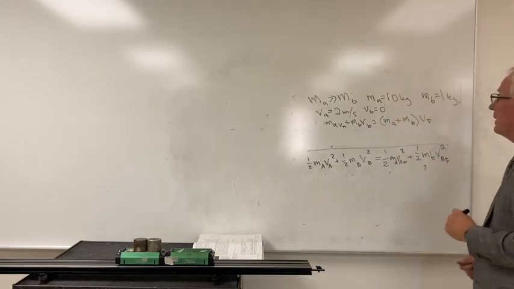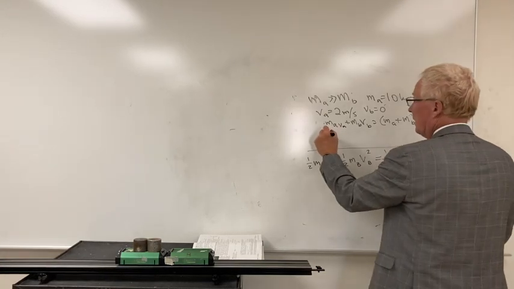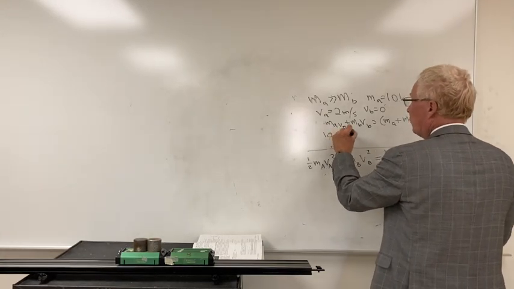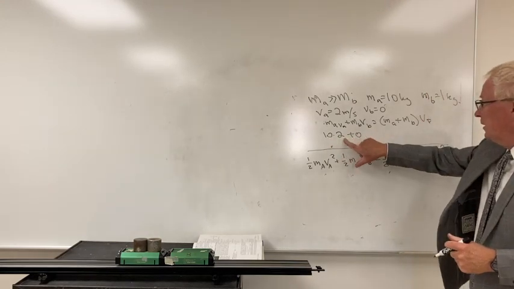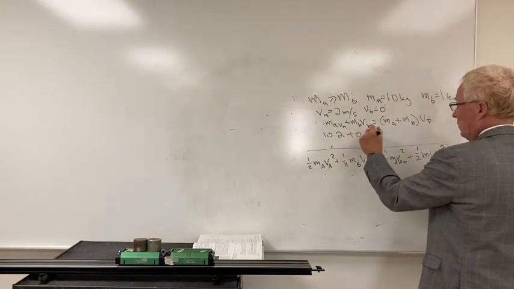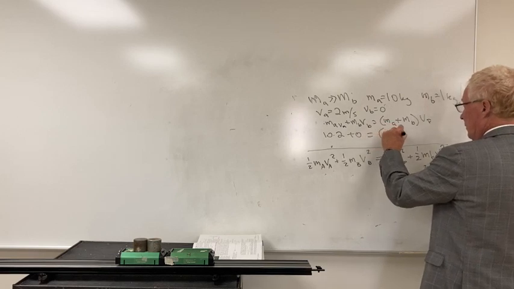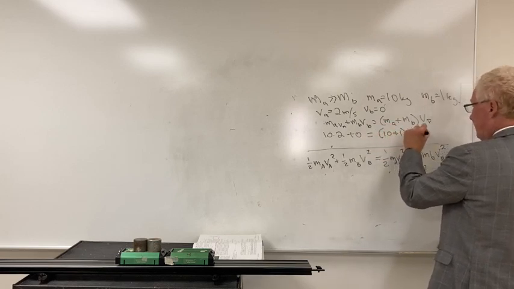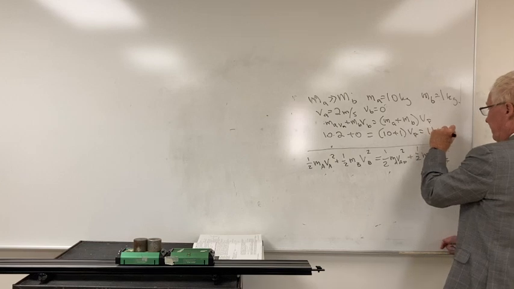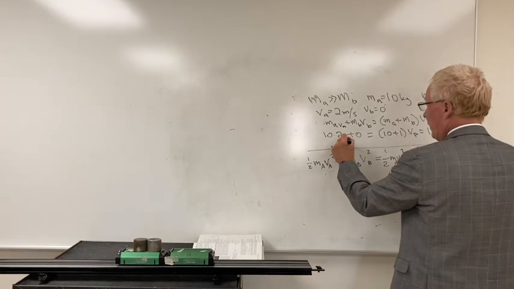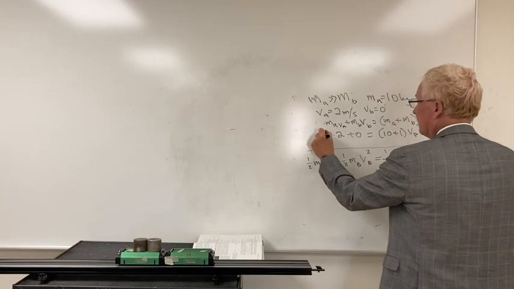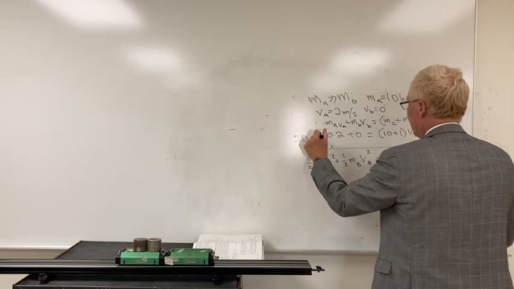So this would be 10 times 2 plus 0, 10 kilograms times 2 meters per second, equals 10 plus 1 times V final, equals 11 V final. That would be 20.